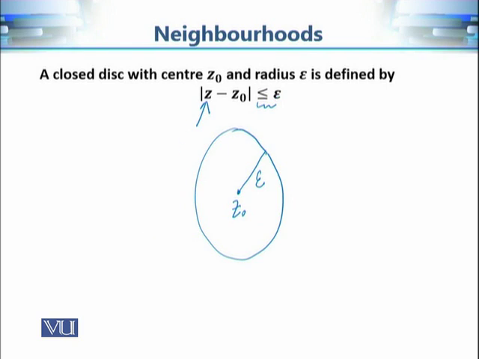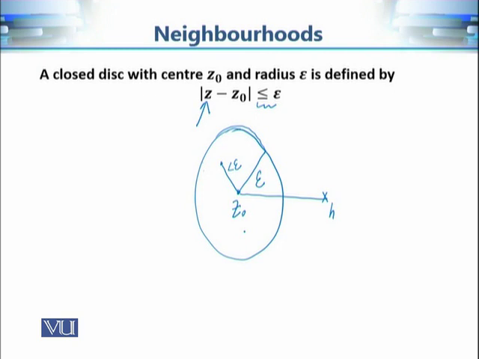In other words, the set of all the points on the circle and the set of points which are inside the circle. If I go outside the circle, to a point, let's call it h, the distance of z0 from this point is definitely greater than epsilon. But if I consider any point inside this circle, then this distance is definitely less than epsilon. So a closed disk is the set of all points which are on the circle and inside the circle.